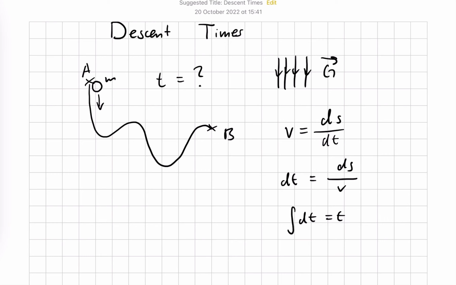So we take the integral of this equation, so t equals the integral of ds over v. Okay, that's already quite good. We have an expression for the time, but we now need to find ds and v.